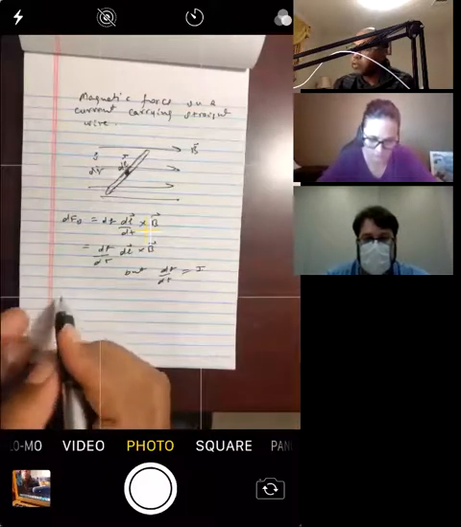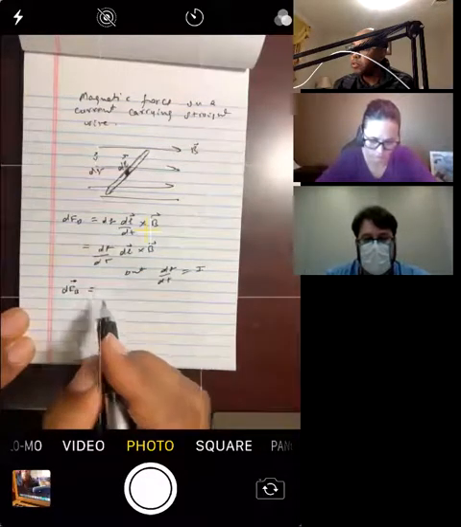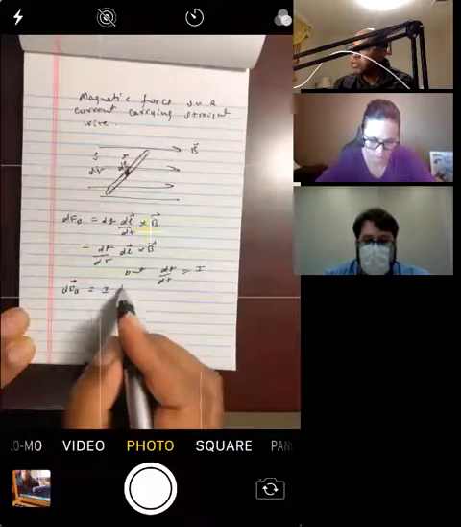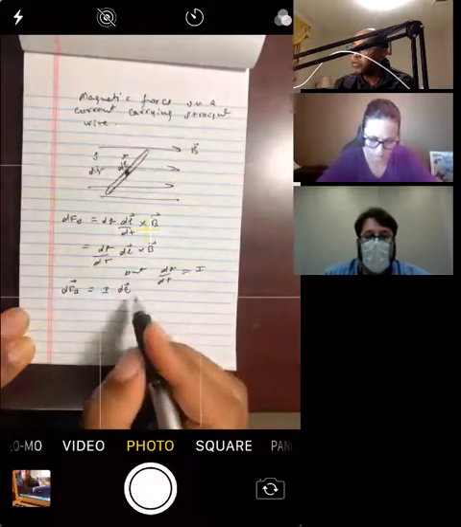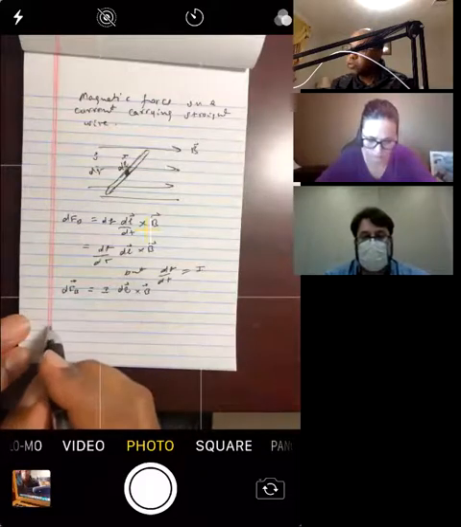So we have this formula. The force on this small charge element is the current times the small displacement dl crossed with B. To get the total force, we just integrate.